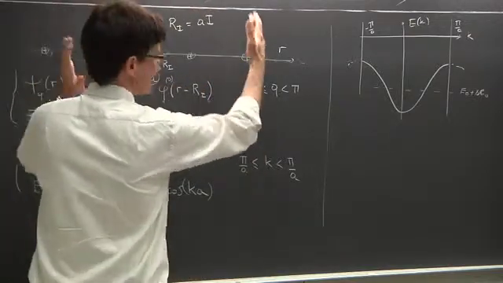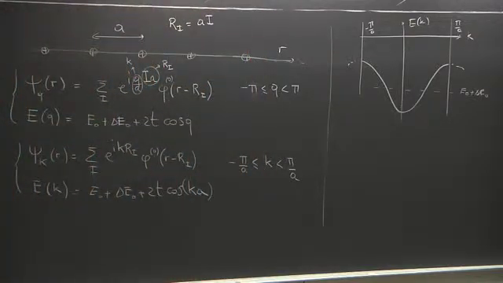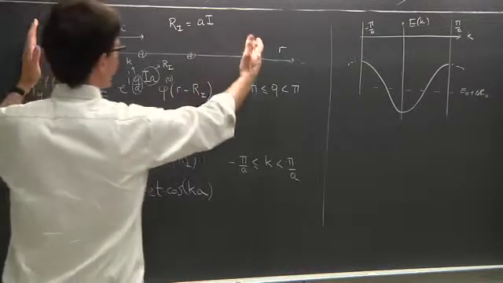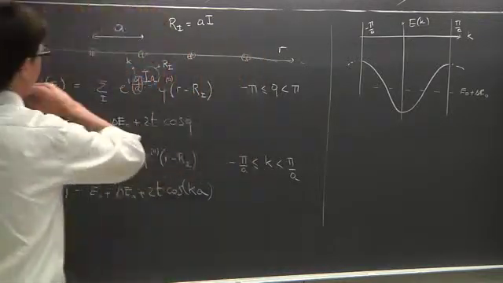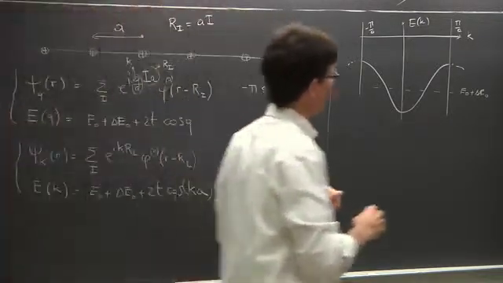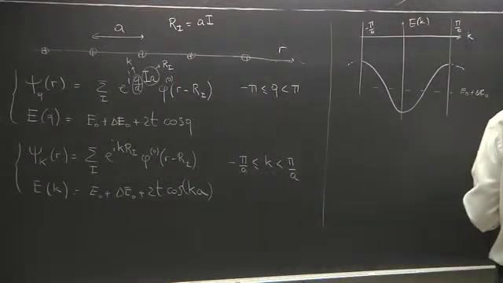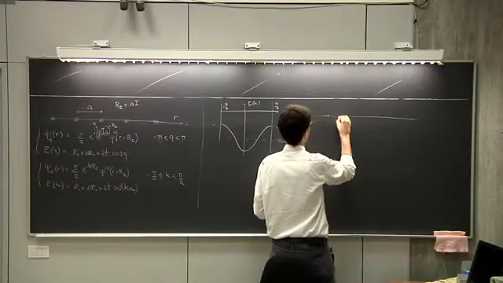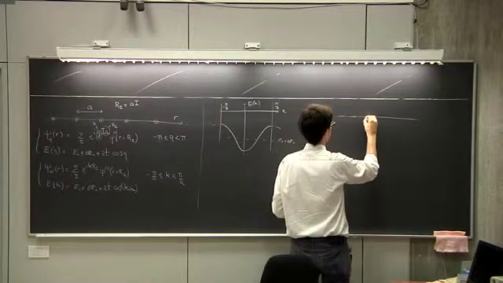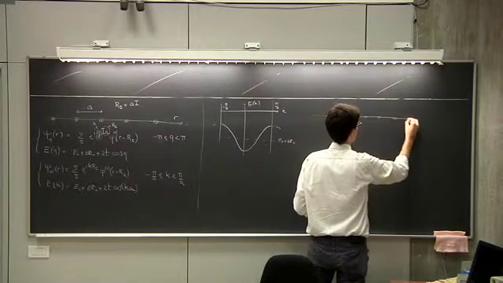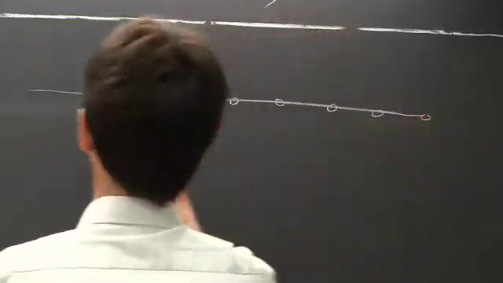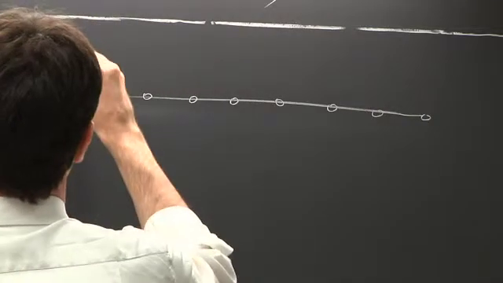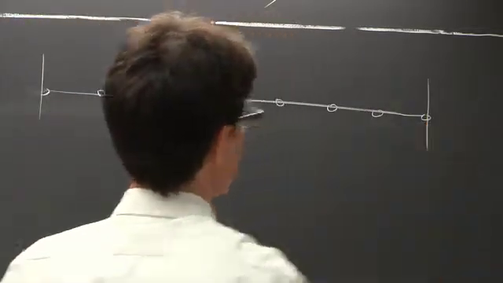Well, the obvious way to handle the problem would be to say, okay, at some point we have surfaces, like we have grains in crystals, and so this system is truncated. So we have a system of very large size, actually let me replot it here for simplicity. So we have our atoms here, and the obvious thing to do, of course, would be to say at some point, well, we have a surface. The system stops.